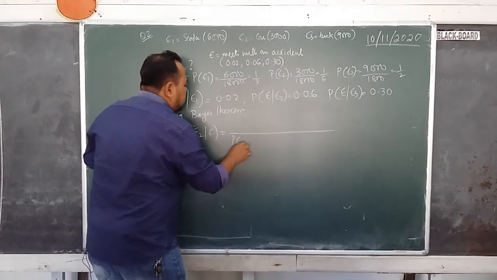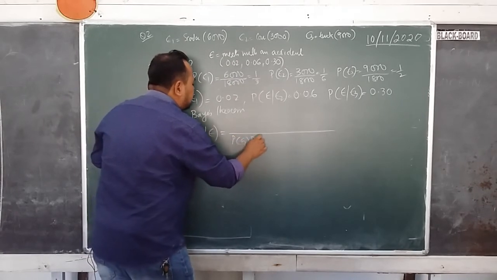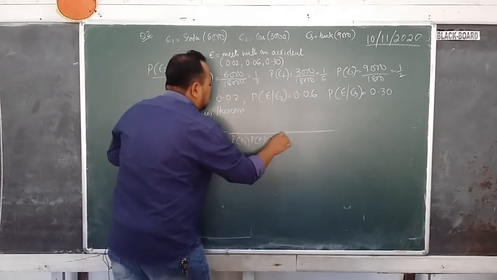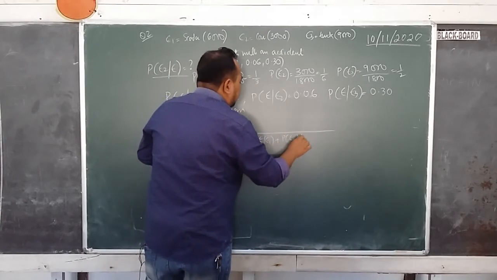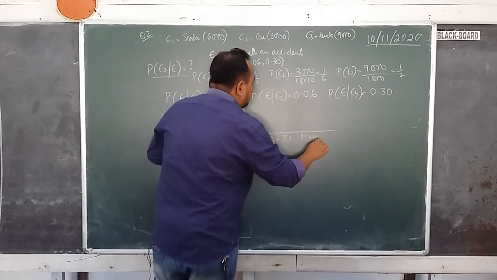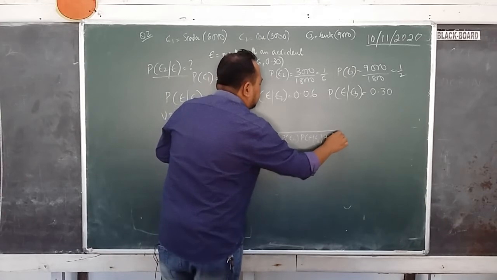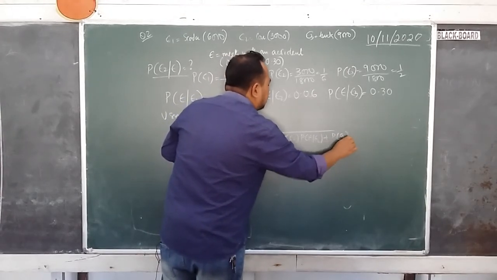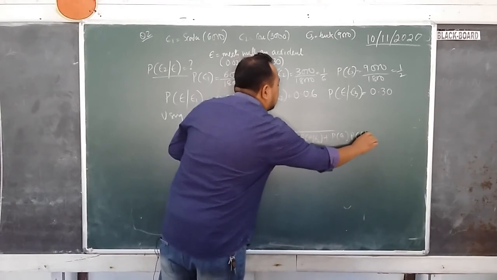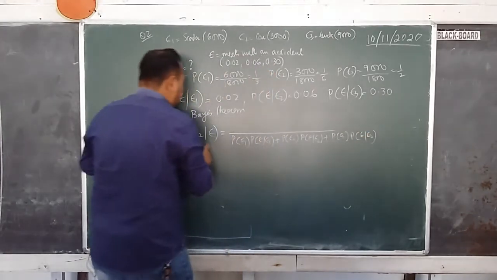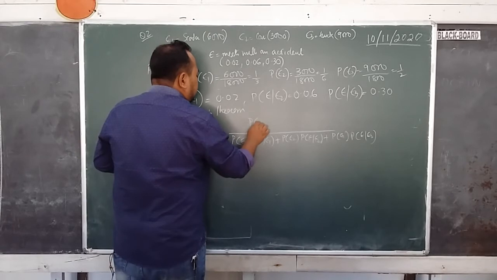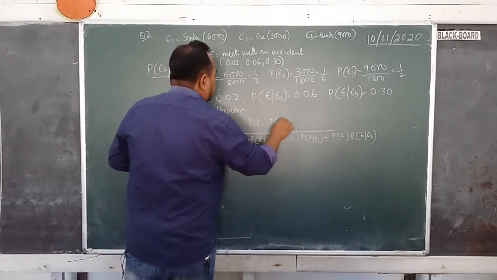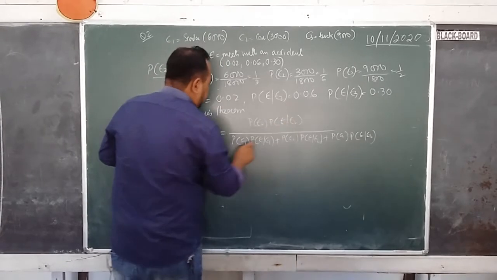So theorem of total probability: probability of E1 into probability of E/E1 plus probability of E2 into probability of E/E2 plus probability of E3 into probability of E/E3. And what am I supposed to find? E2. So it's going to be probability of E2 into probability of E/E2.